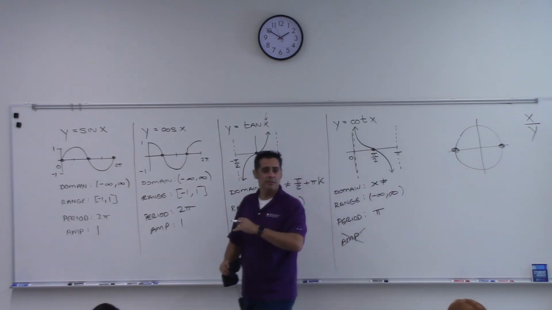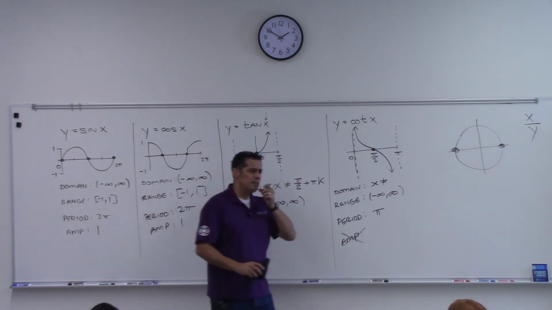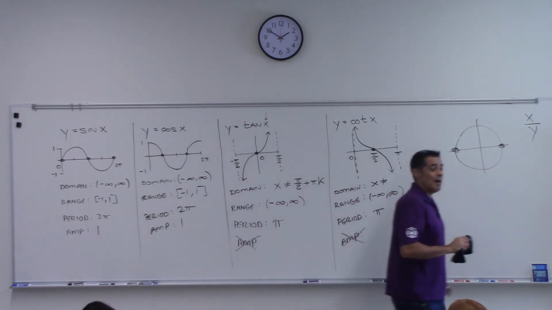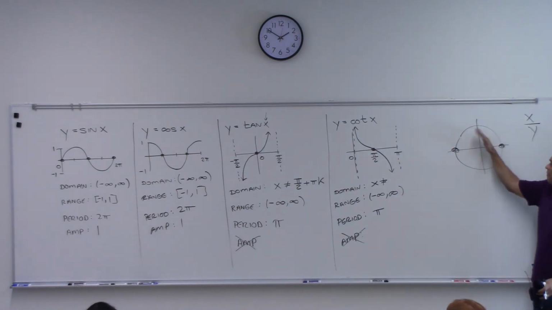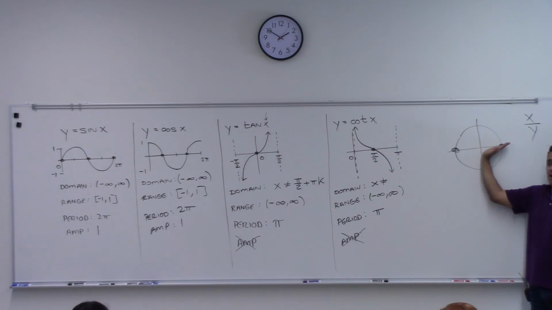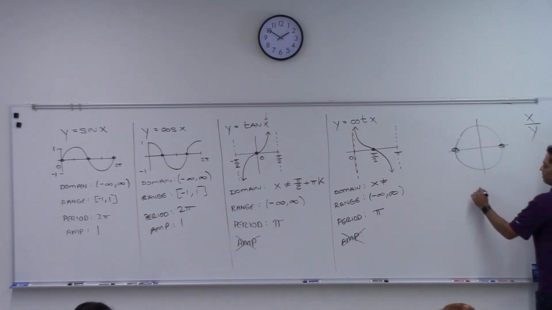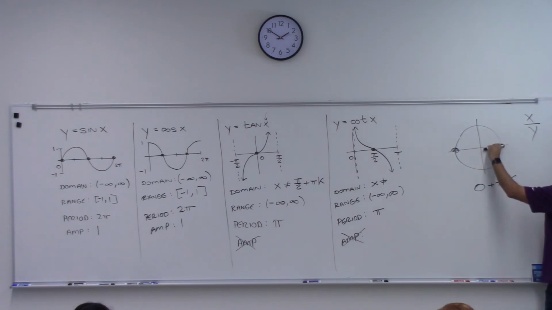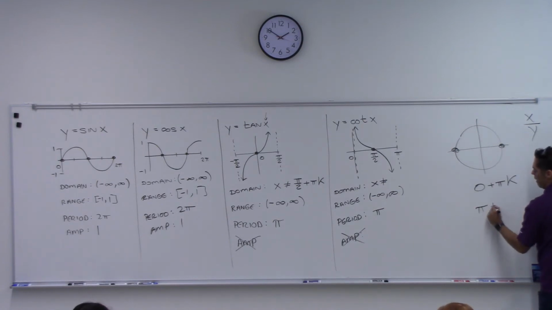Pi k. Right? What did you say? I said pi plus pi k. Or you could say pi plus pi k. You could start at pi and then add to it pi k. Or you could start at 0 and add pi k. They both give you the same thing, right? You can say 0 plus pi k. That starts at 0 and then just adds half rotations. Or you could start at pi and add pi k as well.